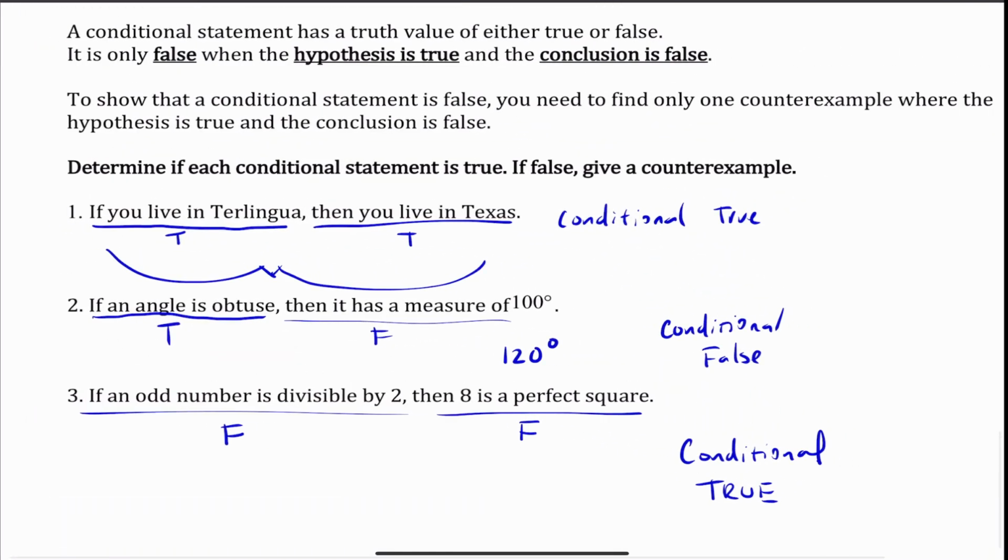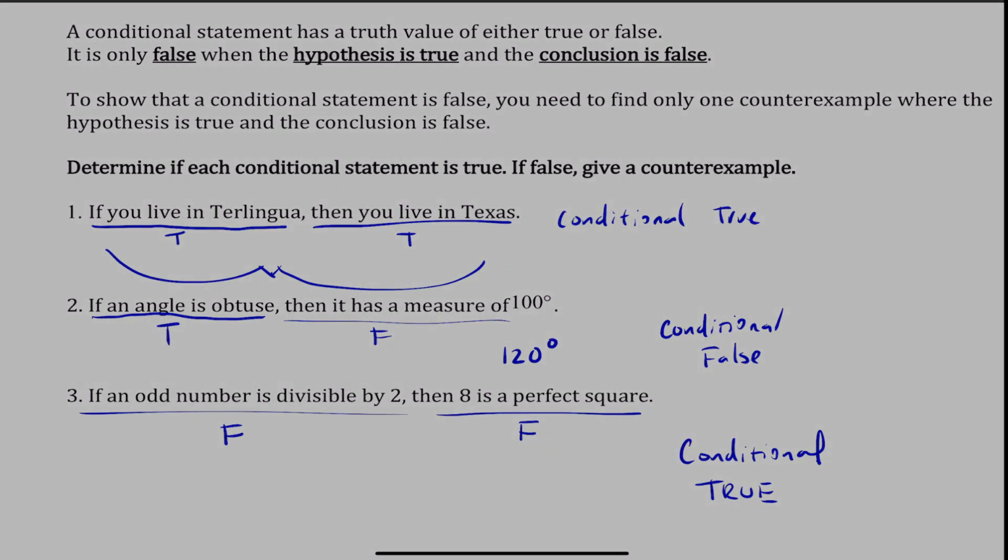Because the conditional itself can only be false when the hypothesis is true and the conclusion is false, just like number 2 here. However, since we have number 3, which is a false and a false, it is not this, and therefore the conditional is true by default.